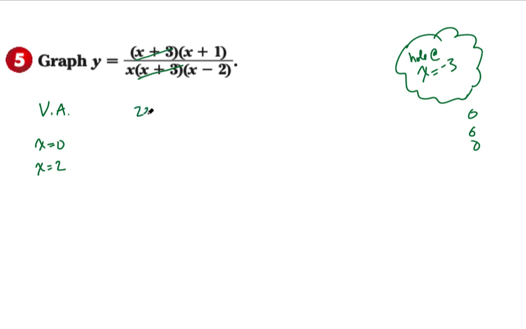Now these are actual zeros. So if you remember, a 0 is where the value of y is 0. So in a sense, it's like an x-intercept. There is an x-intercept when x is equal to -1, because if x is equal to -1, we have a 0 in the numerator and nothing else matters. So we have a 0 at -1, 0.